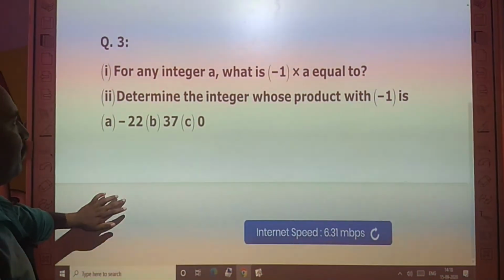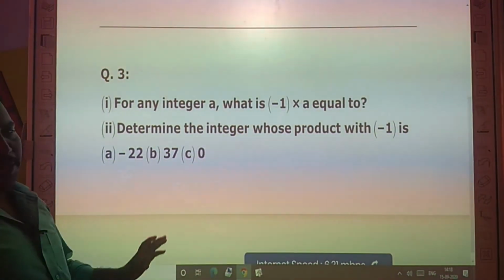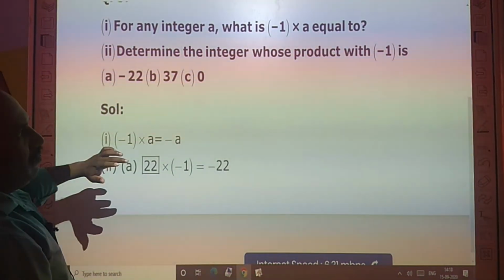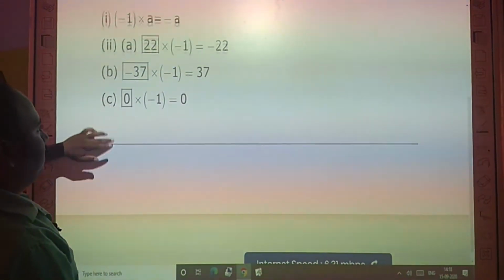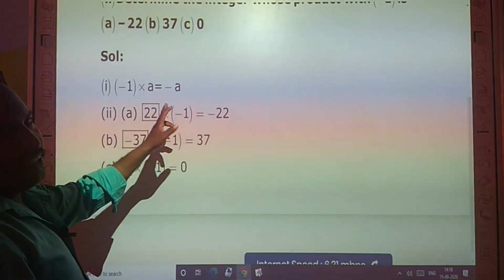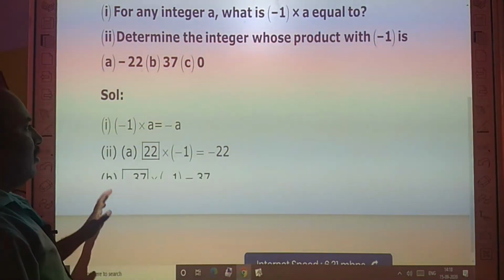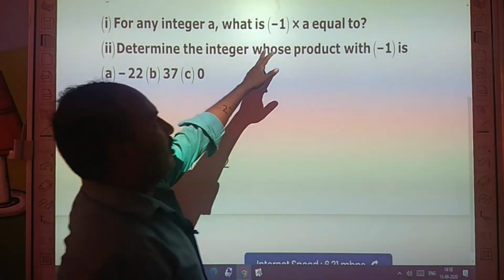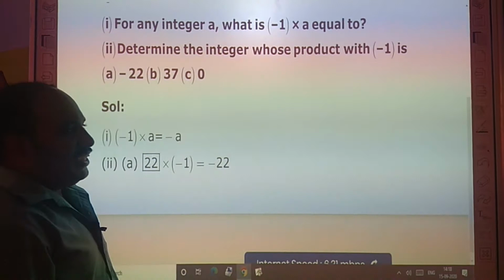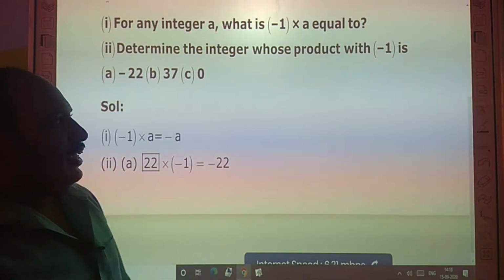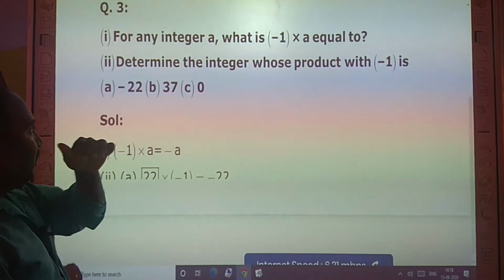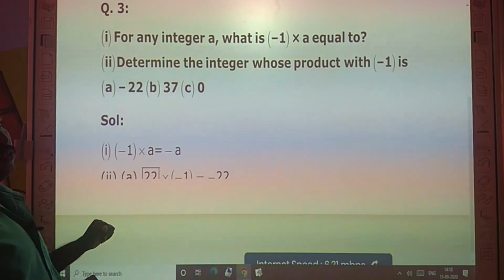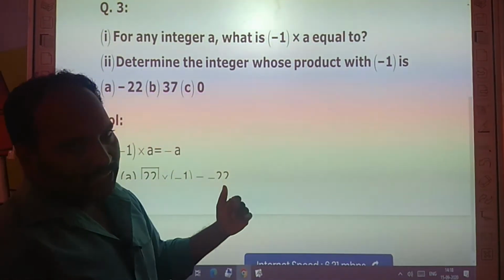Then question number 3. For any integer A, what is minus 1 into A equal to? Minus 1 into A is equal to minus A. Minus 1 is a negative integer, A is a positive integer, so minus 1 into A is equal to minus A. Then the second part: determine the integers whose product with minus 1 is, first A minus 22, then B 37, C 0.